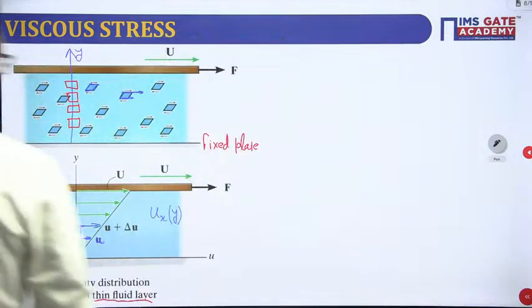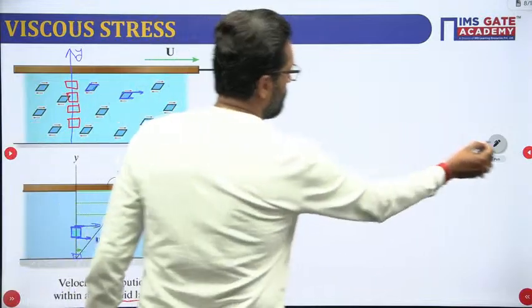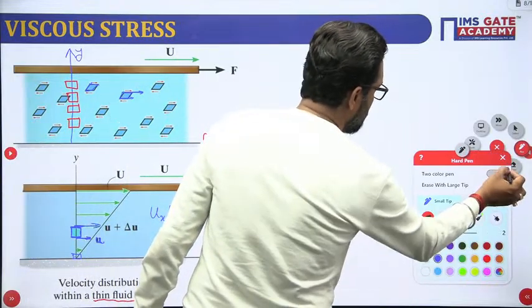Let's suppose this is our fluid element.